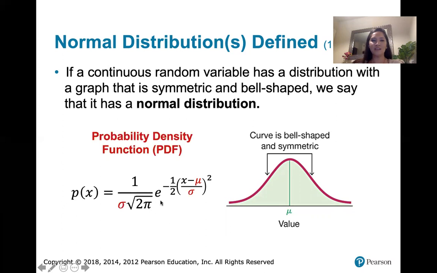Now notice that the probability density function depends on the population mean mu and the population standard deviation sigma. The pi here is a constant from geometry. E is just a constant from calculus. So this is associating a probability per change in x to every x value that continuous random variable may take on.